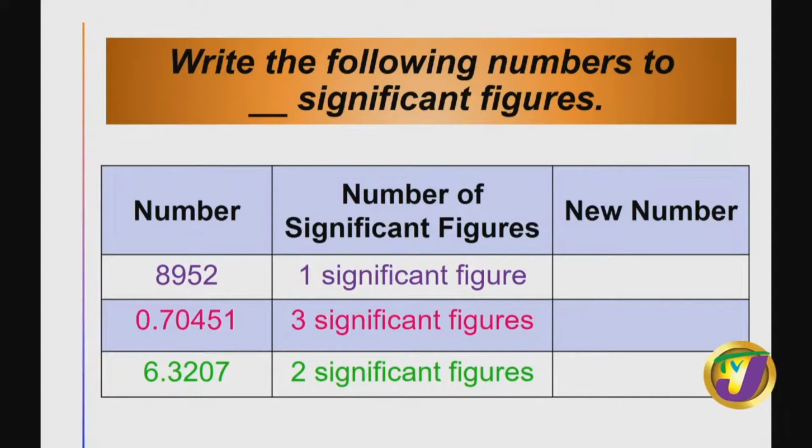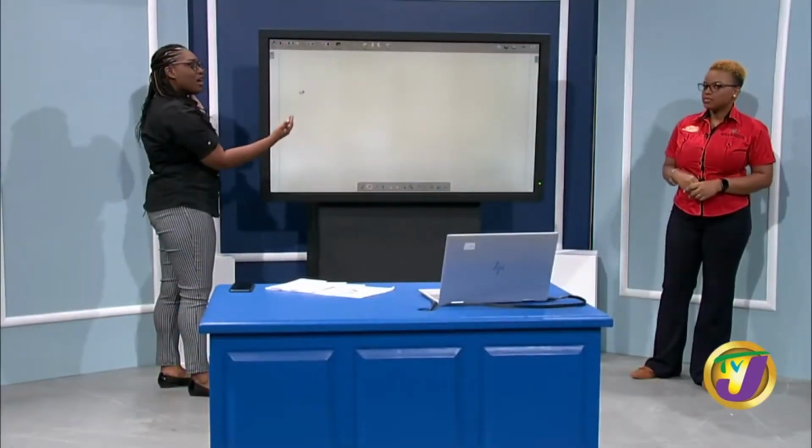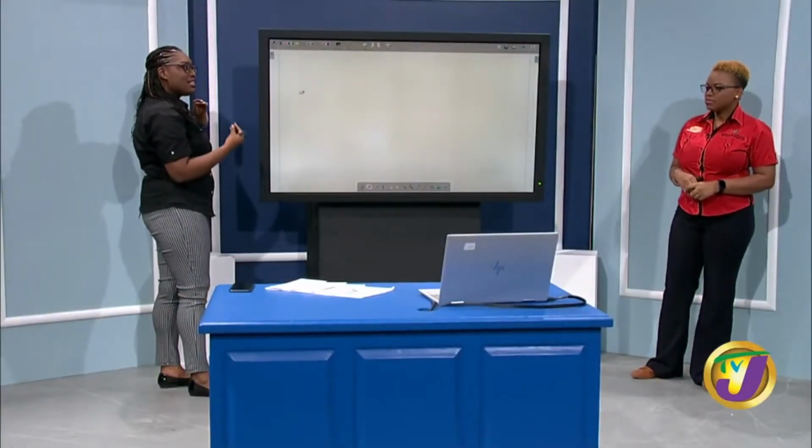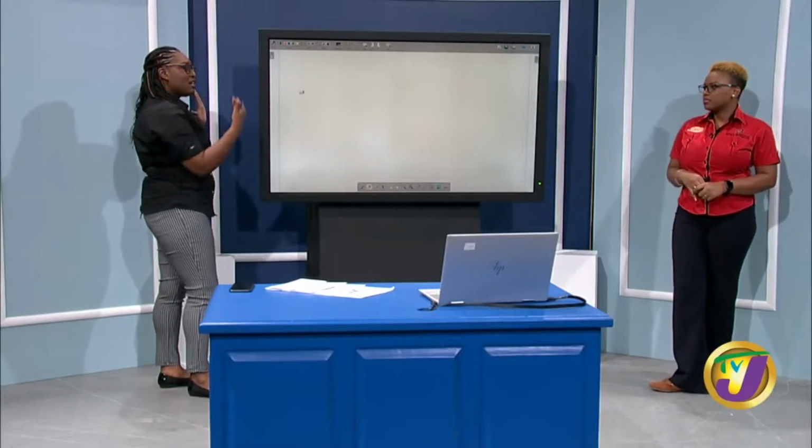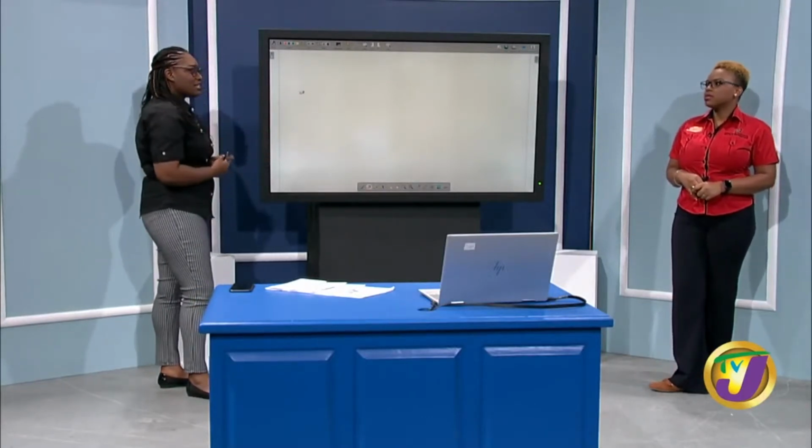We say that 8 is significant, and then we're going to use the other digits that make up 8,952 to establish how close or how far it is from the nearest thousands. So 8 is significant, and it is close to 8,000 and 9,000. How close is 8,952 to 8,000 or 9,000 if we wanted to approximate it?